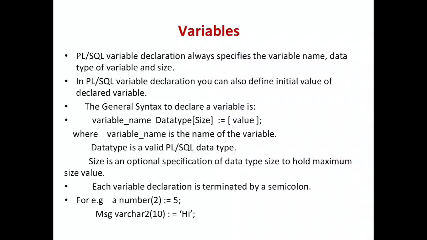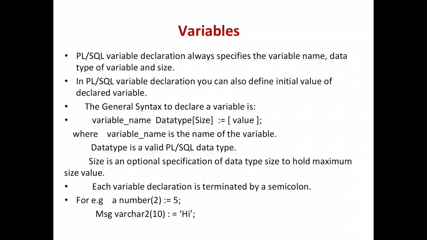What is the syntax? First variable name, then data type, then in brackets size, colon equal to value, and then semicolon. Variable name means the name of the variable which you want to use. Data type means what type of data you are going to store into the variable.